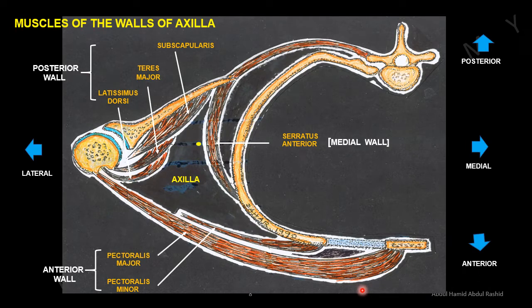Anterior wall is made up of pectoralis major muscle, superficial layer, and deep to it is pectoralis minor muscle and subclavius muscle. Posterior wall is made up of subscapularis, teres major, and latissimus dorsi muscles. Medial wall is made up of serratus anterior muscle.